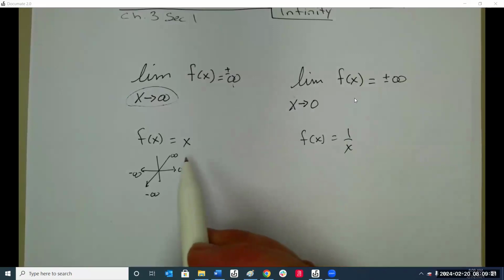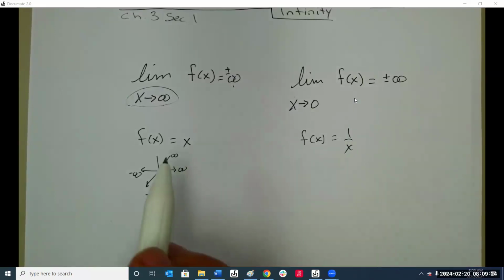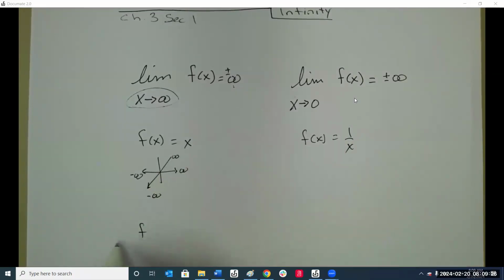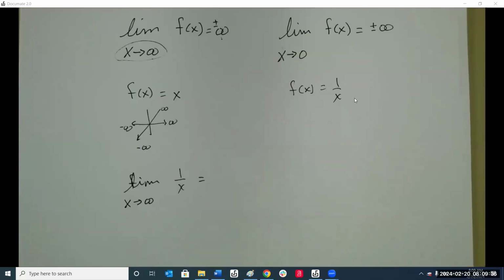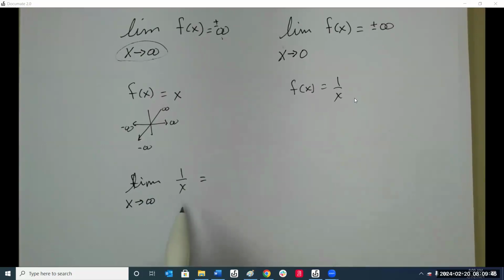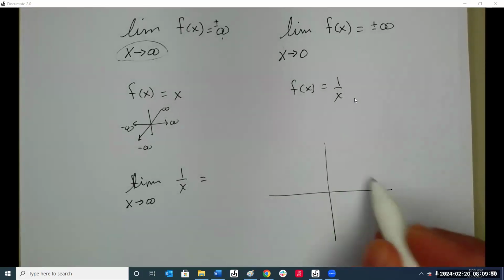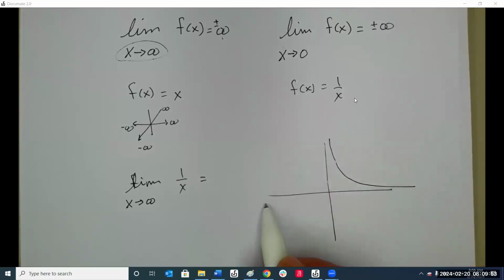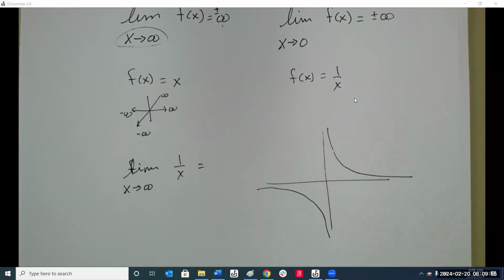Well, for example, if we had rational functions as well, if we had the limit of 1 over x as x goes to infinity, what is that limit? What does the graph look like? Right. And if you know the graph, it looks like this.